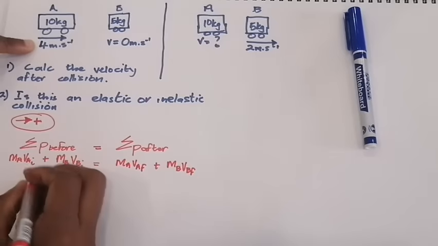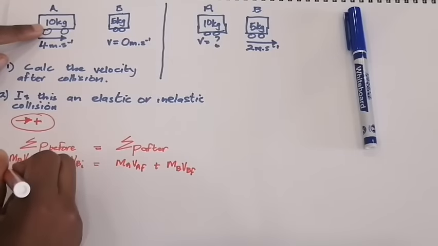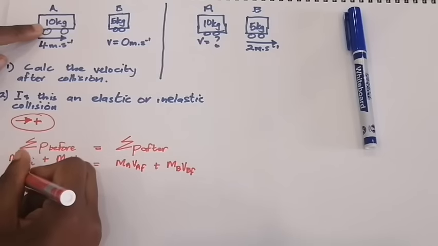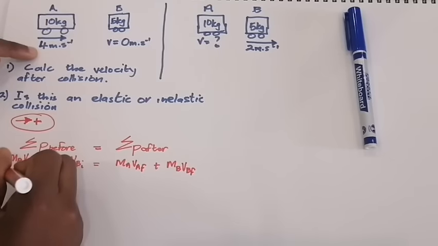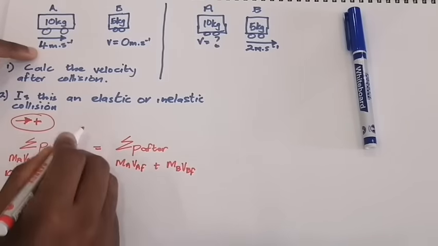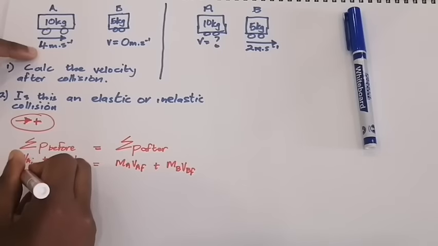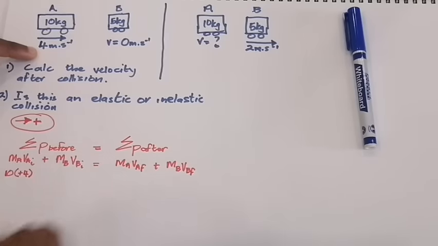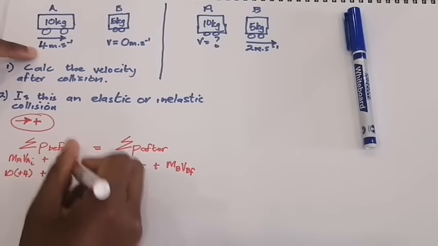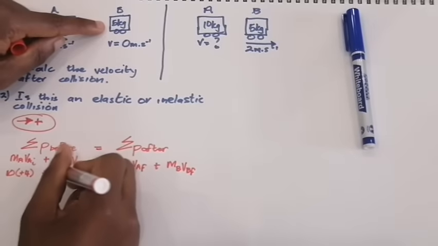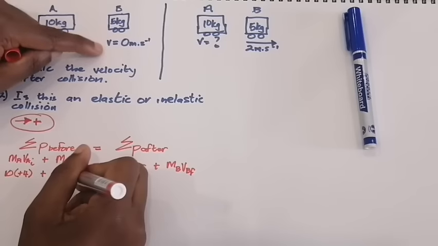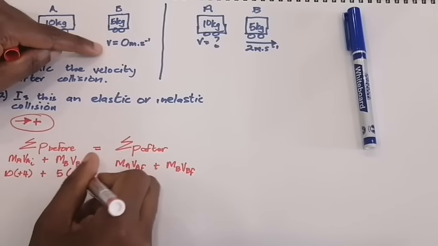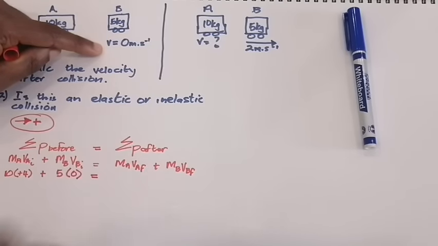Now let's substitute. The mass of A is 10 multiplied by, and I'm going to make this very specific, we said direction to the right is positive, so a positive 4. Plus the mass of B, which is 5, times the velocity of B initial, which is 0. I could have just thrown a 0 there, but I want you to see it clearly.